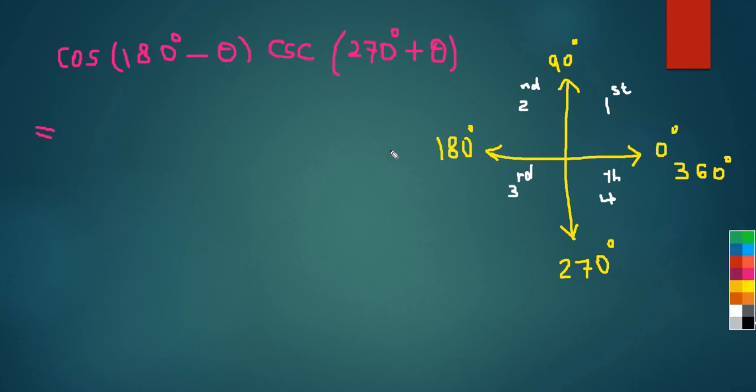Cosine 180 minus theta: 180 minus theta is in the second quadrant, and cosine in the second quadrant is negative. Therefore, negative cosine theta.